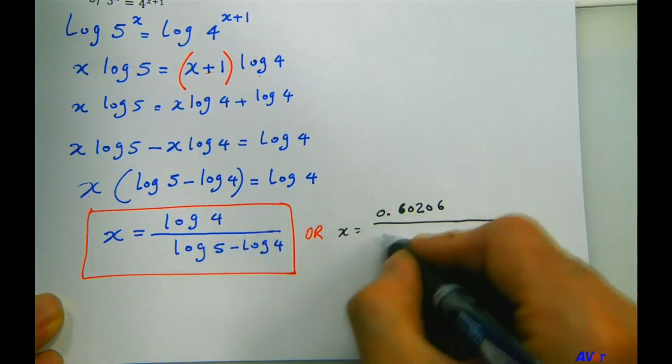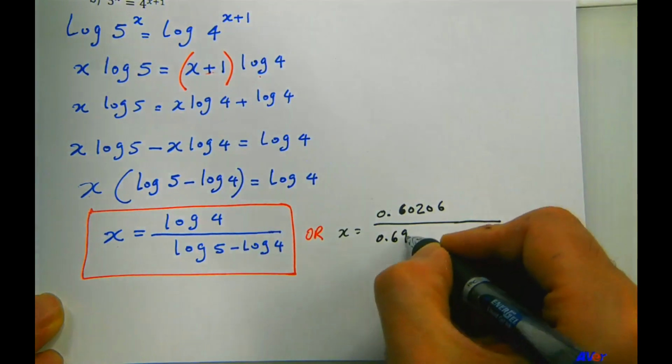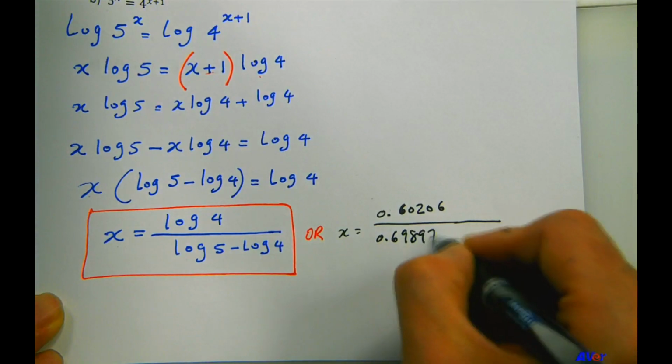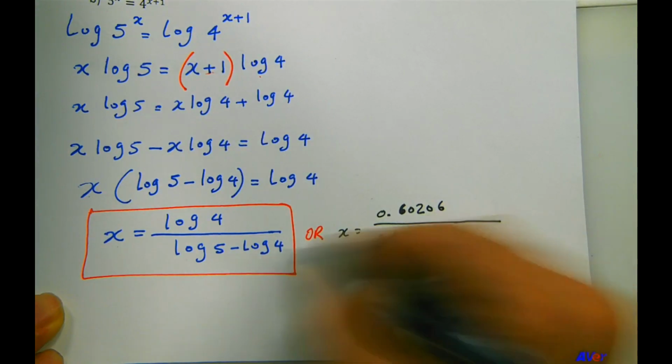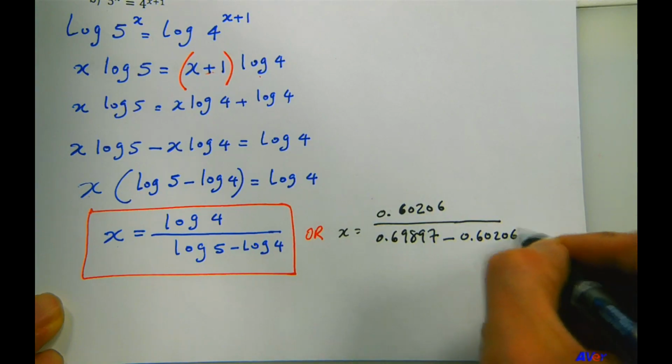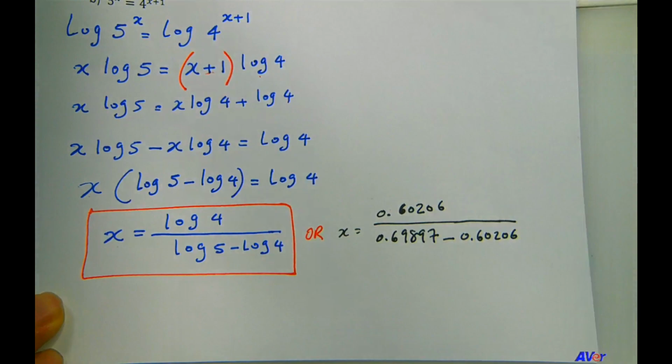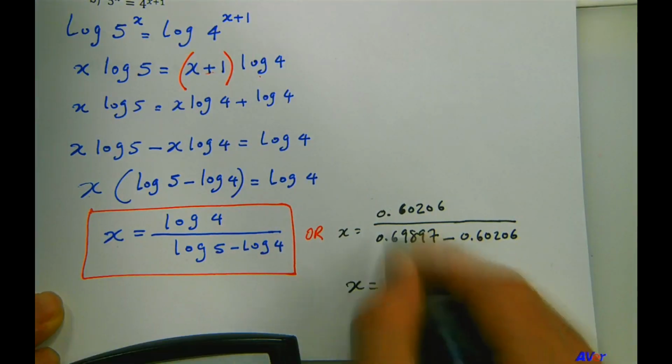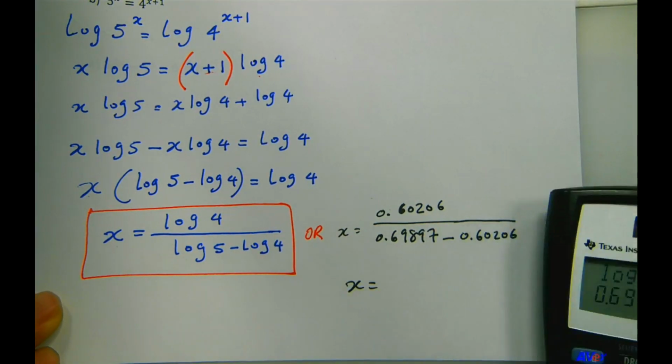So that's log of 5, 0.69897 minus log of 4 again, which is 0.60206. Okay, so let's calculate the final answer here then. That divided by that difference.